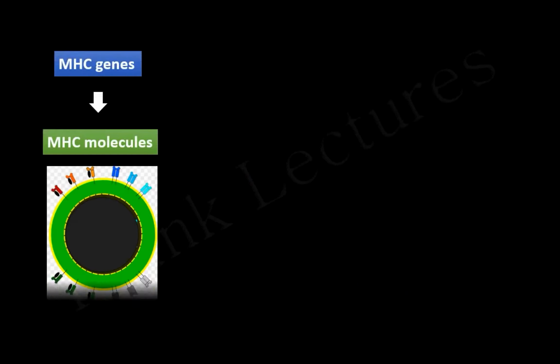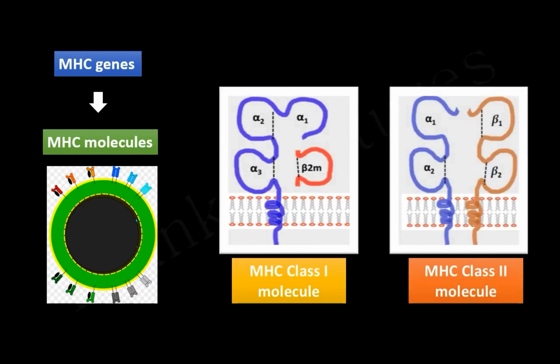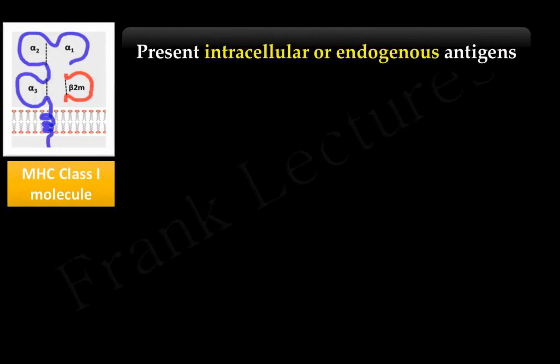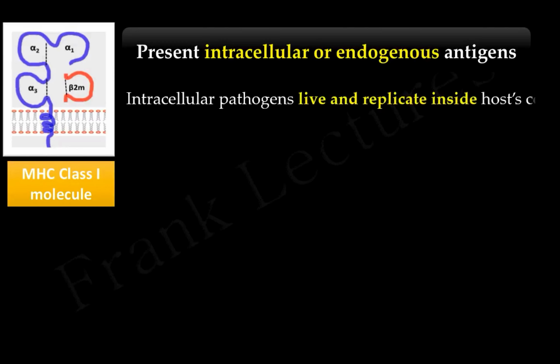In the last video lecture we studied that there are two MHC molecule classes, Class 1 and Class 2. MHC Class 1 molecules present peptides derived from intracellular pathogens. We know that intracellular pathogens live and replicate inside the human cells. For example, viruses.